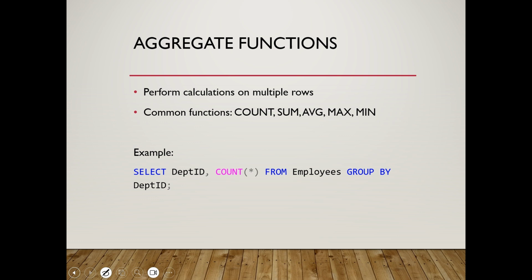Here is the SQL query. This query groups employees by their departments and gives you the total number of employees in each. So group by is essential when you're using aggregate functions. It organizes data before summarizing.